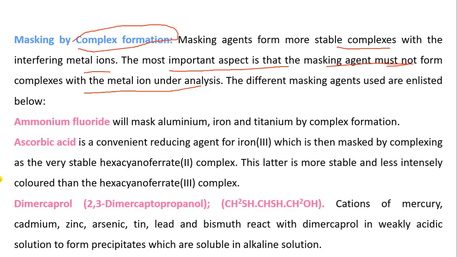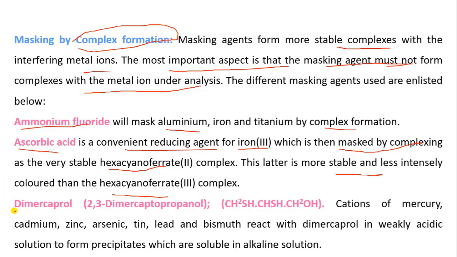Now these are some examples of masking agents. First is ammonium fluoride. When we add ammonium fluoride, it will mask aluminium, iron and titanium by complex formation. Second, ascorbic acid. It is a reducing agent for iron, which is then masked by complexing as a very stable hexacyanoferrate complex, and it is more stable and colored than the other hexacyanoferrate.